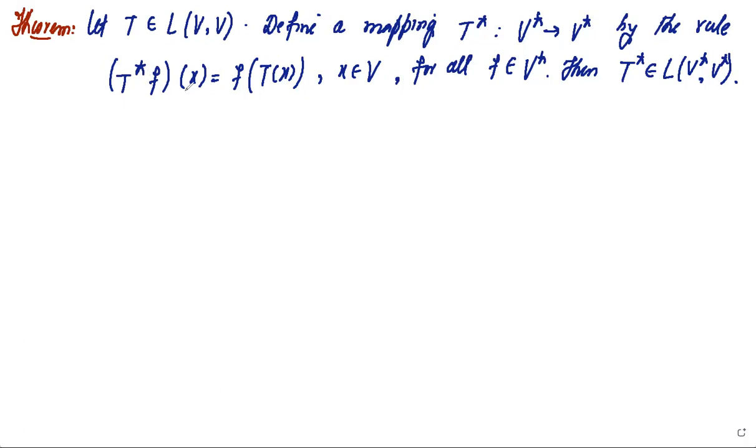And so this T star f of x is also well defined, and this f of T of x is also well defined because T of x is in V and f is defined on V. So this is how this linear transformation works on the vectors in V, and the images of those vectors under the linear transformation T, which is defined from V into V.